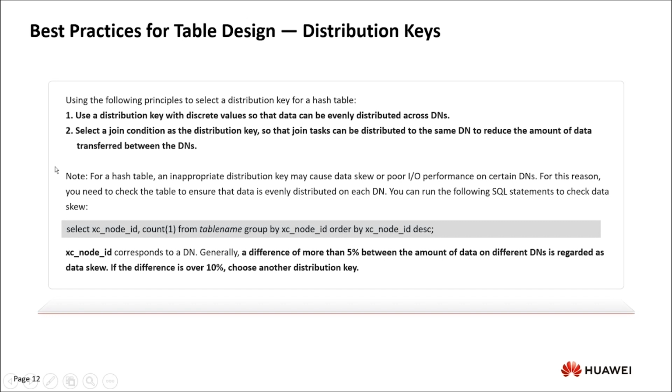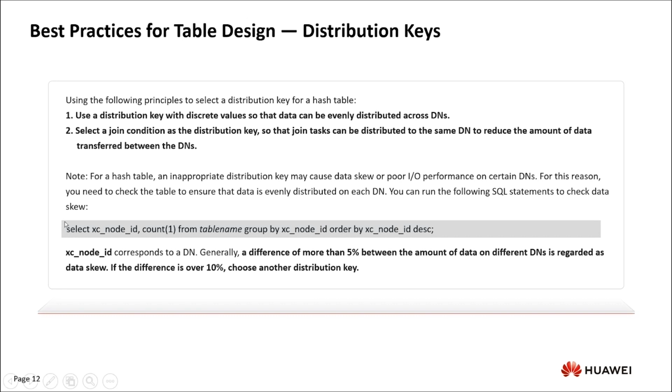So in this introduction for the distribution key, we have a note here that for a hash table, an inappropriate distribution key may cause data skew and poor I/O performance on certain DNs. So for this reason, you need to check the table to ensure that data is evenly distributed on each DN.